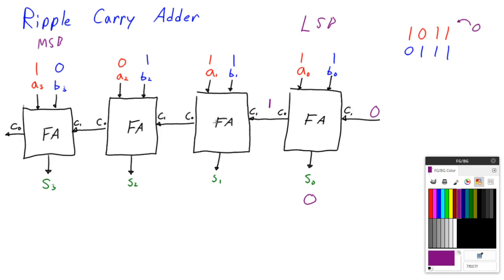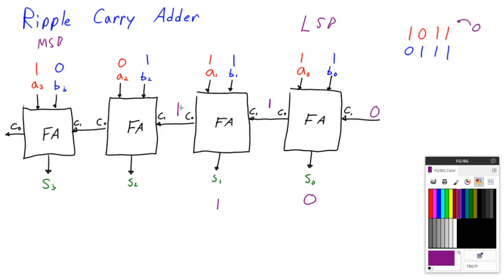So this is everything for our least significant bit, and now we have our next least significant bit. And here we've got a 1 plus a 1 plus our carry in, which was the carry out of this adder, which is a 1. So that means we've got 3 1s added together. So that leaves us with a sum of 1 and a carry out of 1. Now let's go to this guy here.